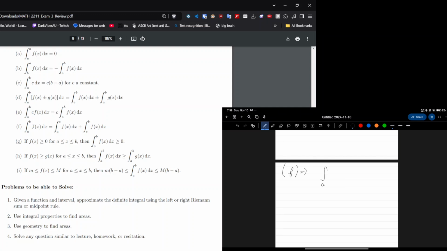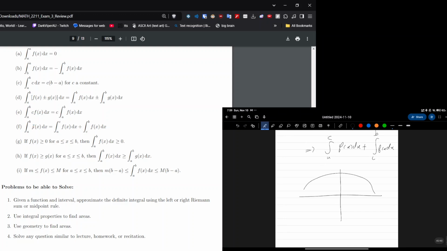The integral from a to b of f(x) dx, you can split it into two parts. You can make it a to c of f(x) dx plus c to b of f(x) dx. Let's say I have a graph like this, goes like that.